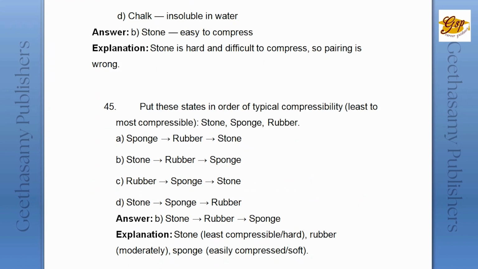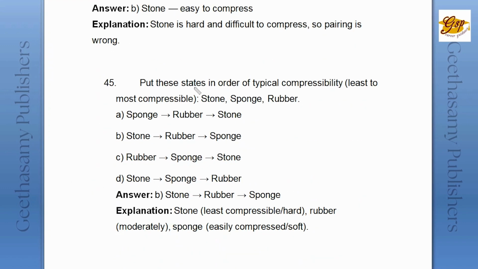Fine. 45th question. Put these states in order of compressibility, least to most. Stone, sponge, rubber. The correct answer is stone, rubber and sponge.